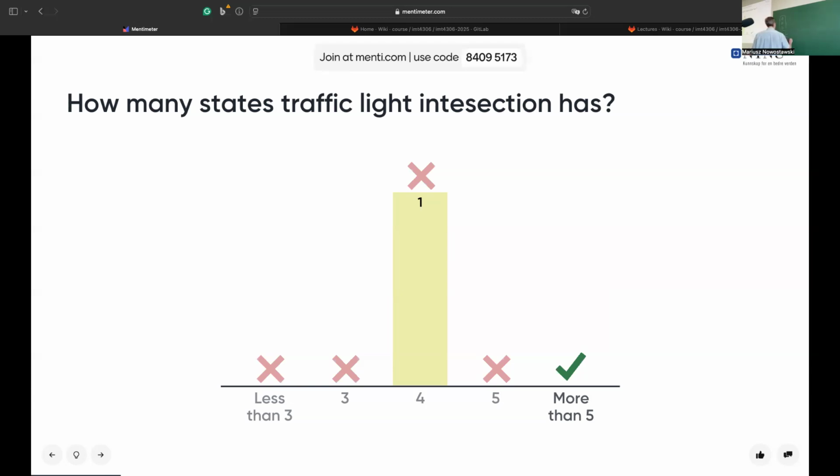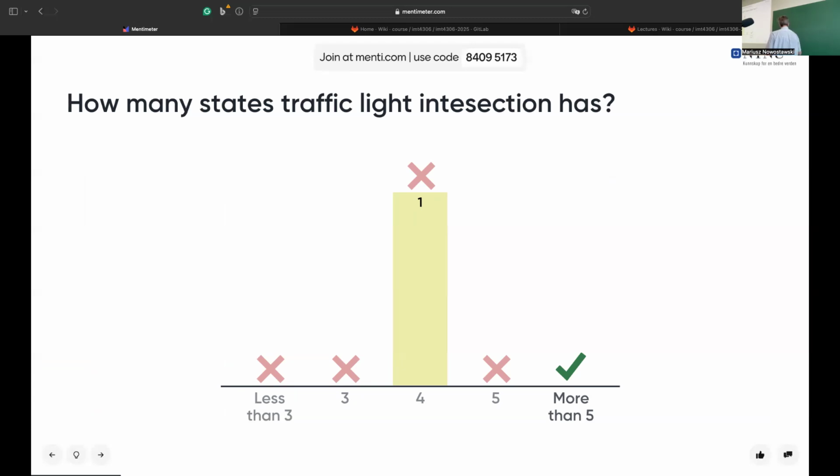I don't think you have yellow on, or maybe not, it's not French. So you have green, red, red with yellow, green with yellow. Then the fifth state is blinking orange or yellow.